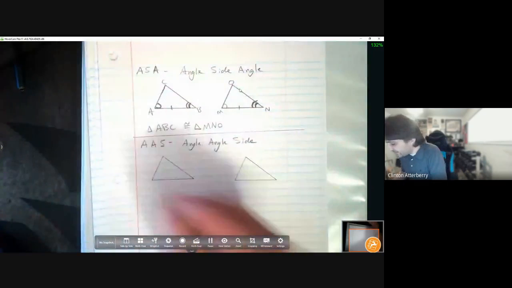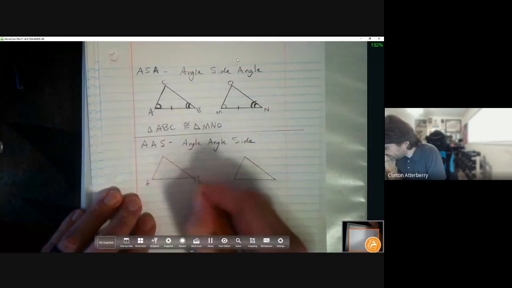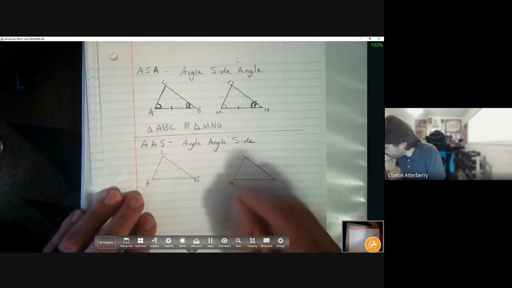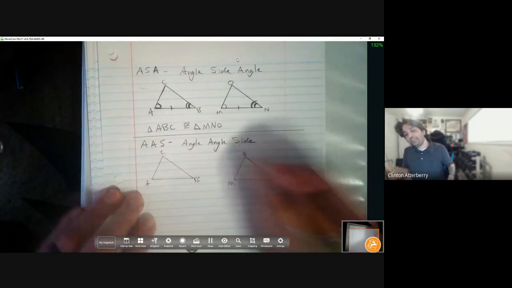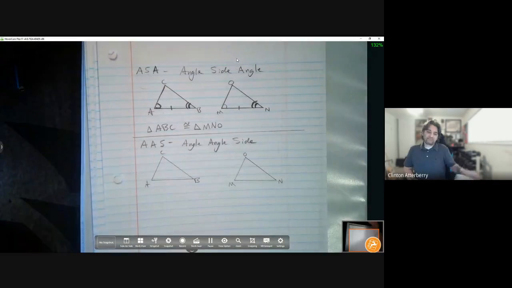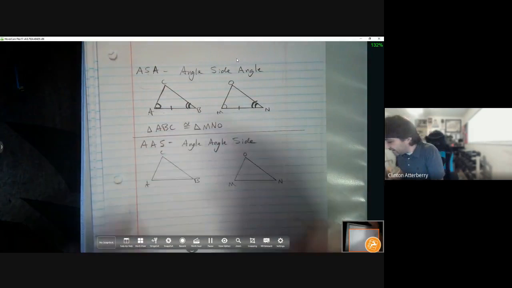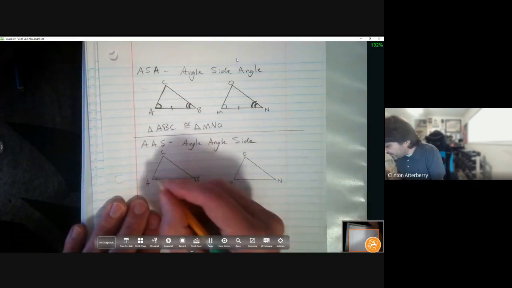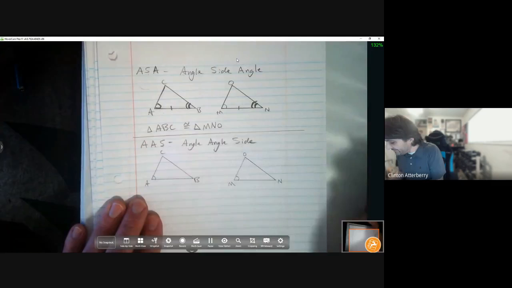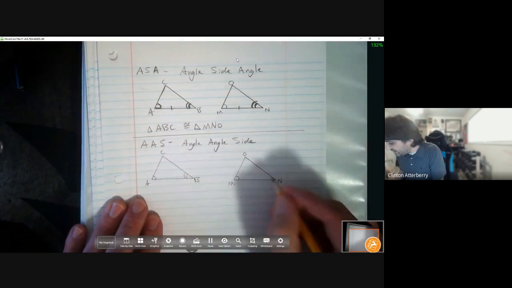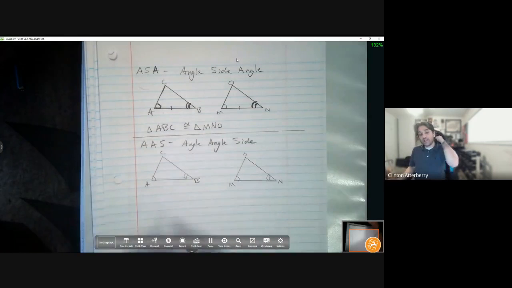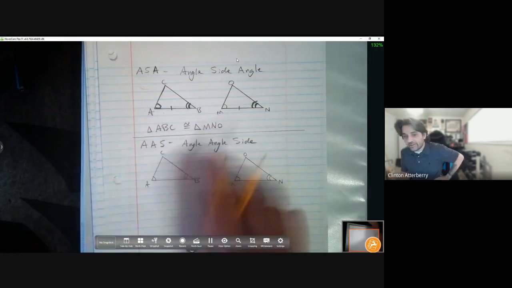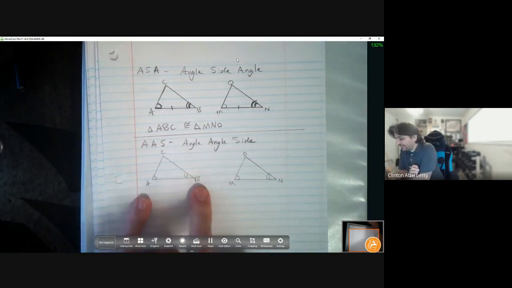Let's call this ABC, M and O. And angle, angle, side. So I'm going to go ahead and say A and M are the same. Let's label B and N to be the same. So once again, you've got two angles, and the angles are next to each other. So A and B, M and N.